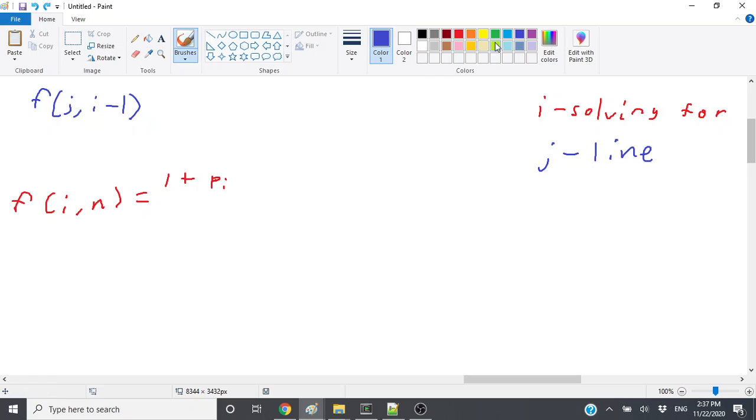One way we can do it is, if we had some sort of prefix sum, we could try to represent it as, equals question mark, something like f of j comma n minus f of i comma n, because this is the interval from j to n, and this is the interval from i to n, and if we exclude this part, then we get the interval from j to i minus 1, which is exactly what we want.